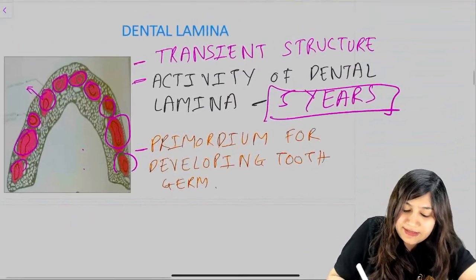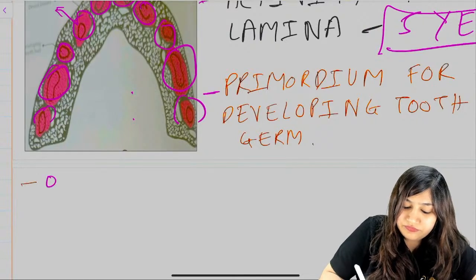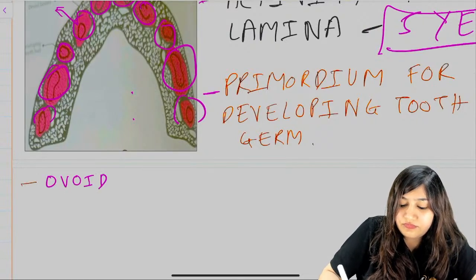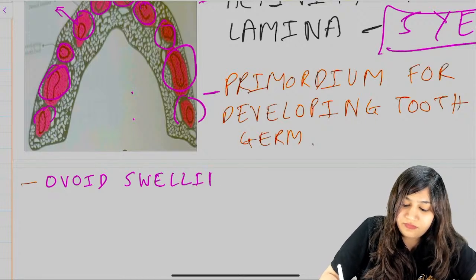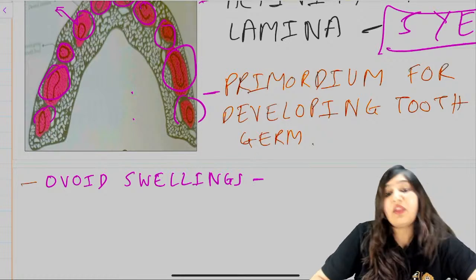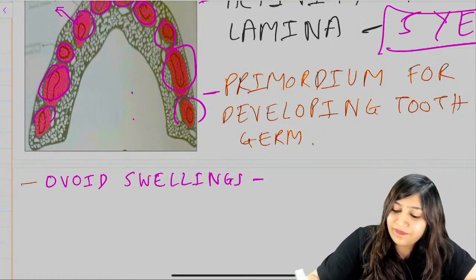It appears as ovoid swellings formed by the proliferation of the ectodermal cells.